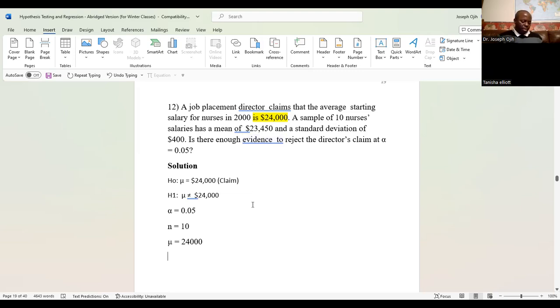So that sample mean is x bar, 23,450, and the sample standard deviation is 400. Let me show you where we can get the character for the sample mean.